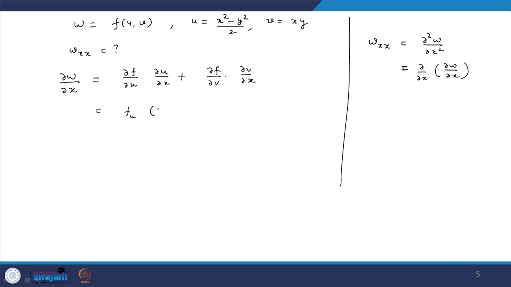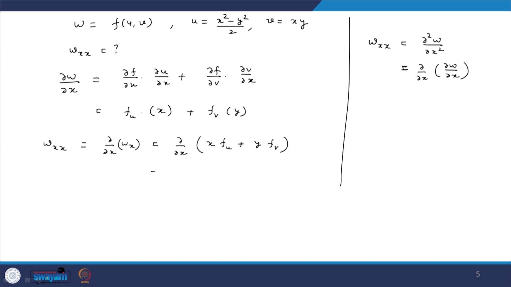It is x, plus w v into what is del v by del x from here? It is y. Okay. Now, what is w x x, which is equal to del by del x of w x, which is equal to del by del x of x times w u plus y times w v. Okay. Now, let us apply product rule in this expression.